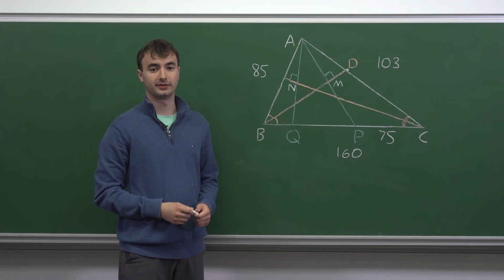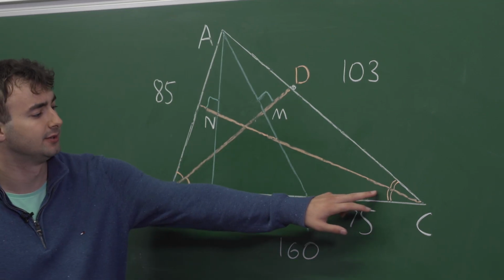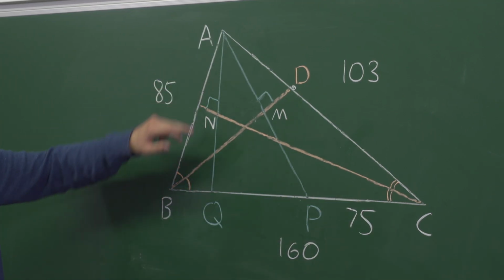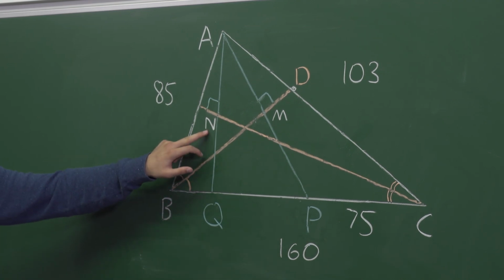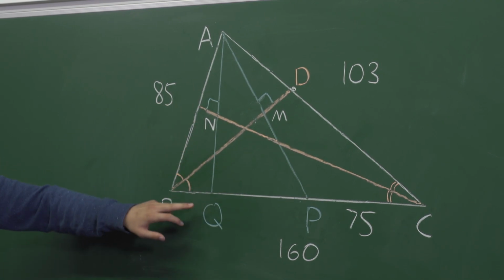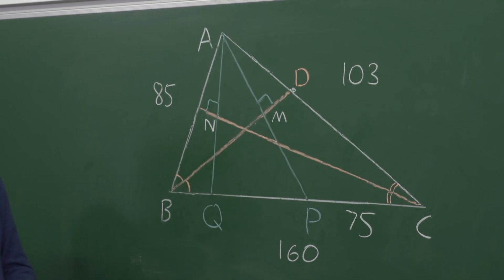In the final part of this question, we now introduce the other angle bisector at C and the corresponding perpendicular to it. The perpendicular and the angle bisector intersect at N, and I've continued the perpendicular so that it intersects BC at the point that I've labeled Q. We're asked to find the length MN.